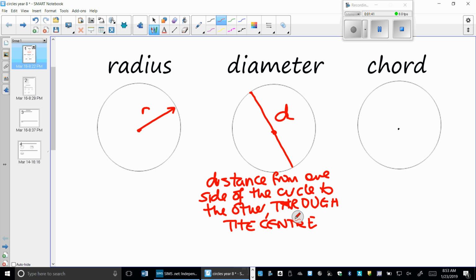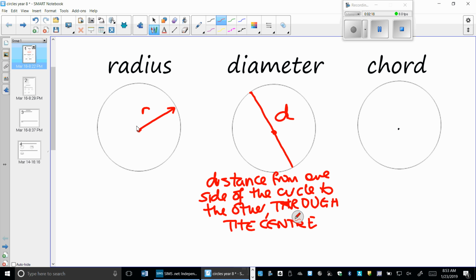Now, chord. It says chord, not chord. It's not a usual chord, it's a mathematical chord. Does anyone know what a chord is? It's not a curve, no. Two lines go into the middle?